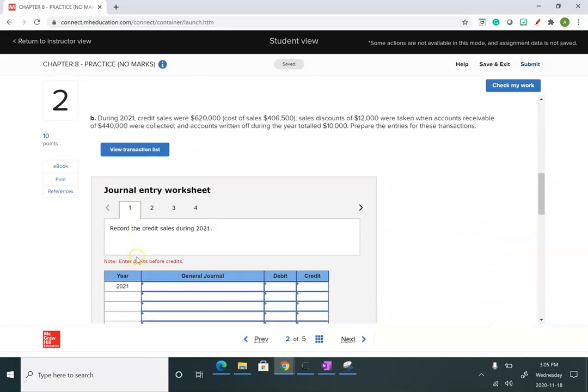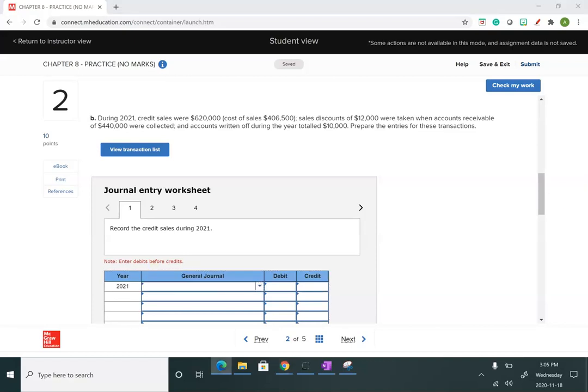And part B is asking us to prepare the entries for these transactions. So credit sales are $620,000, where the cost of goods sold was $4,600. So let's go and do those two journal entries. So remember, this system wants us to put them both in separately.